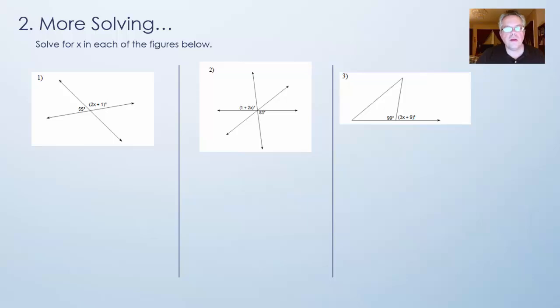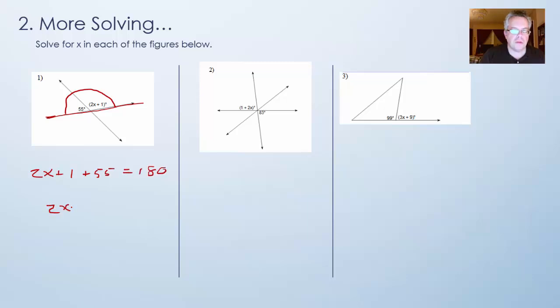The other thing I want to practice is more solving. The key is to recognize what kind of angles they are. That's the geometry. After that, we can write the equation and solve. So these two angles, we see that they form a straight line. Together, they form this line right here. So they must add to 180. 2x plus 1 plus 55 has to equal 180.